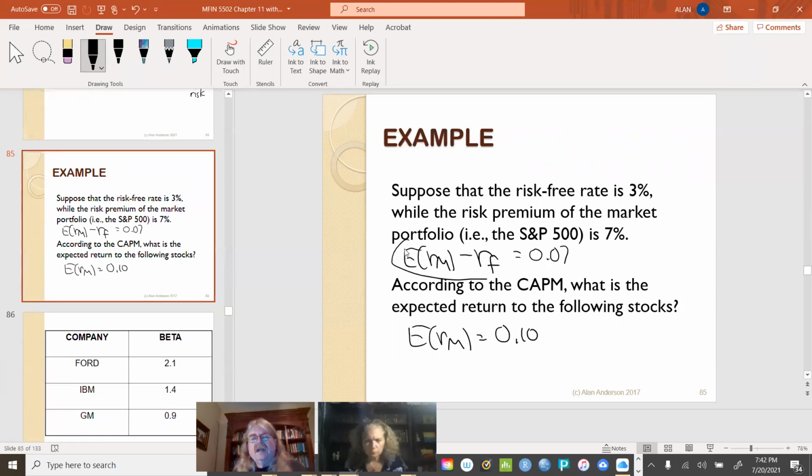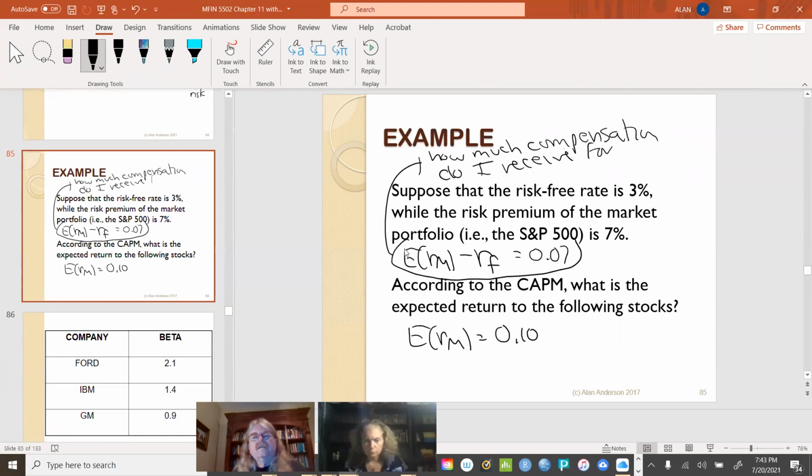So this number tells me how much compensation do I receive for holding the market portfolio instead of a treasury bill.